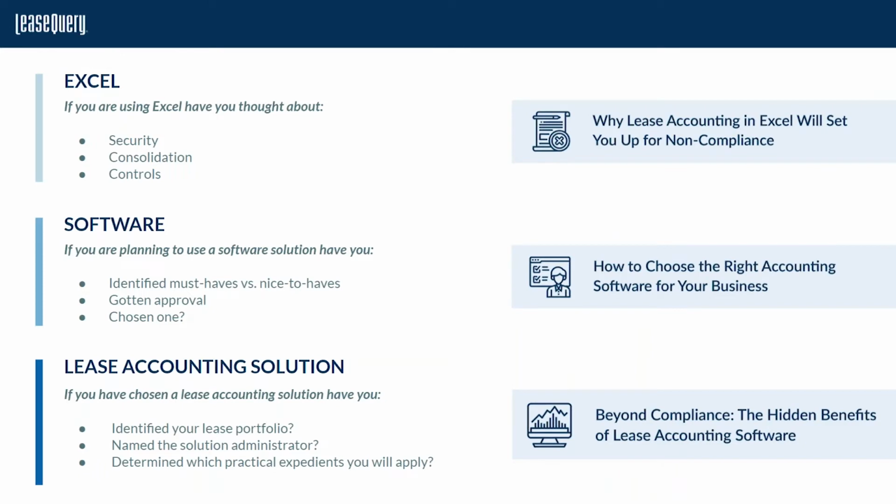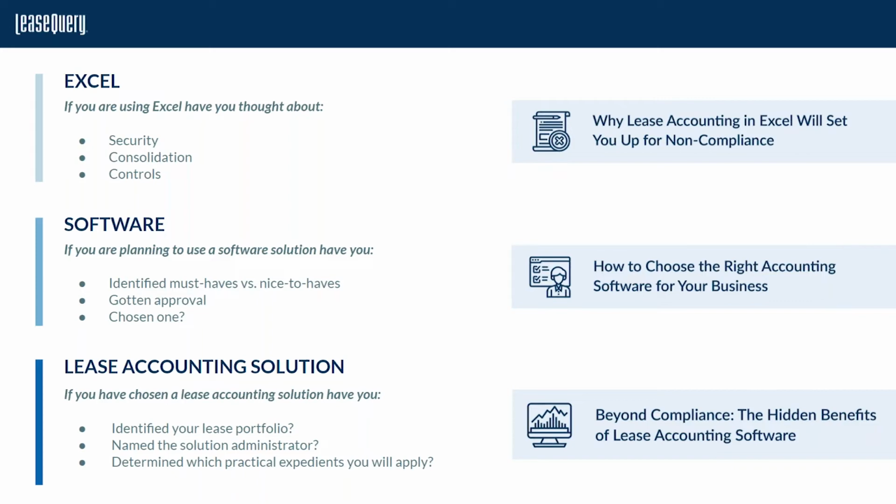As you're narrowing down your final solution, we've identified some of the more common considerations to think about for each type of solution. If you're using Excel, have you thought about how you will guarantee security, how you'll consolidate your data, and what controls you'll put on your reporting? If you have decided you'll use a software solution, you'll need to identify your must-haves versus your nice-to-haves.